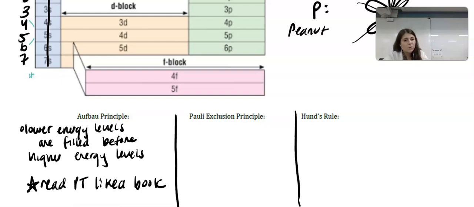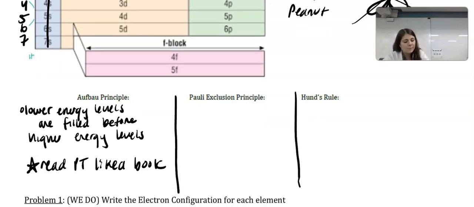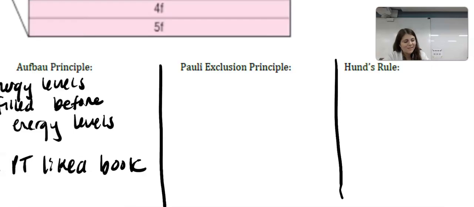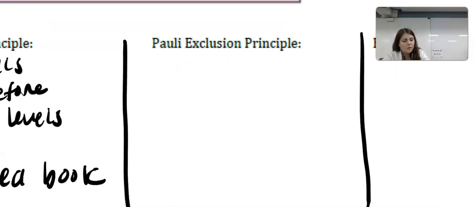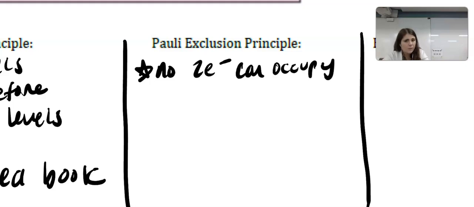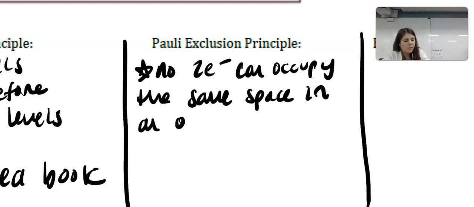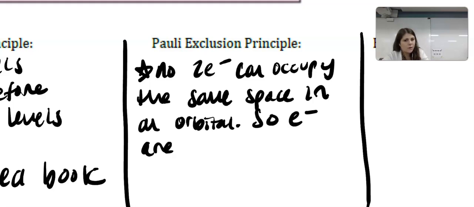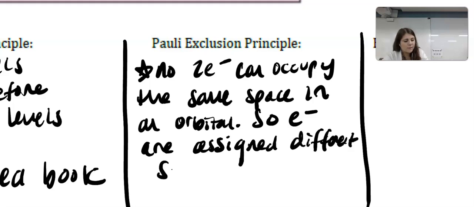The Pauli exclusion principle states that no 2 electrons can occupy the same space in an orbital. So electrons are assigned different spins.